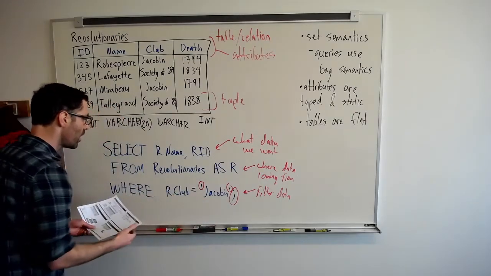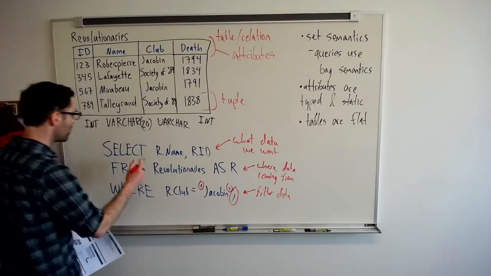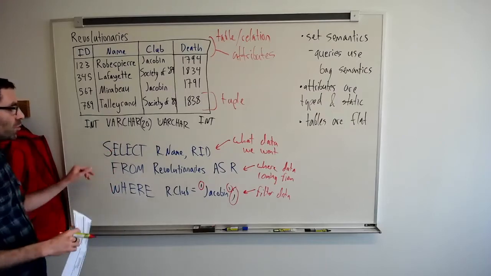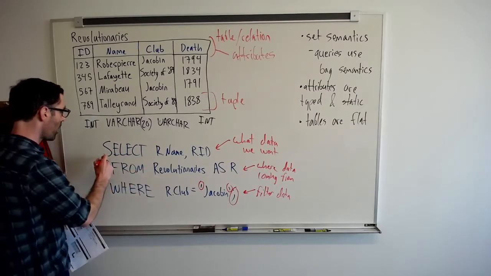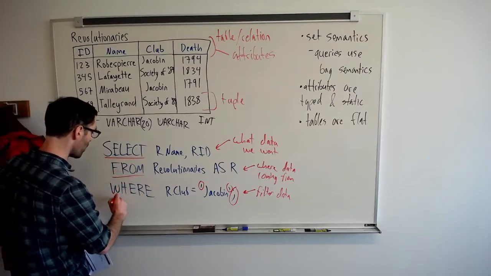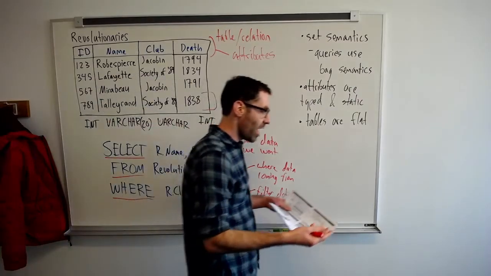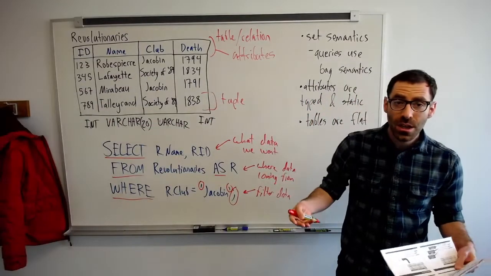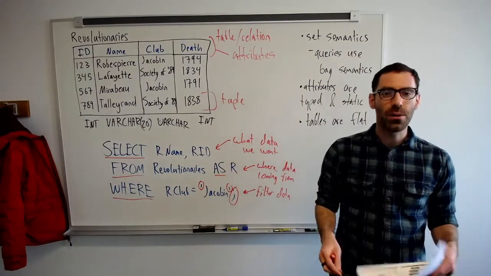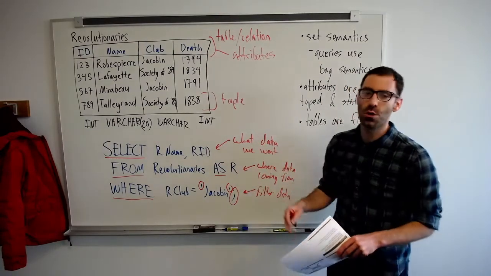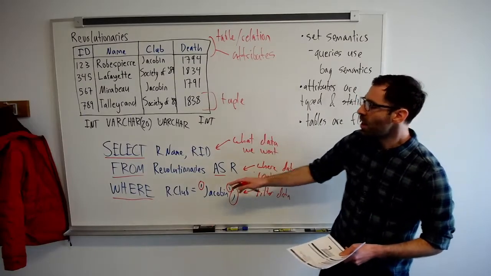One other thing is you may have noticed that I have capitalized all the SQL keywords: select, from, where, and as. This is not a requirement of SQL, and when I type my own SQL, I typically don't bother because it's annoying to do, but it is convention.